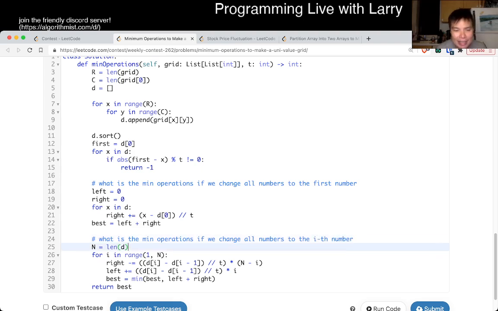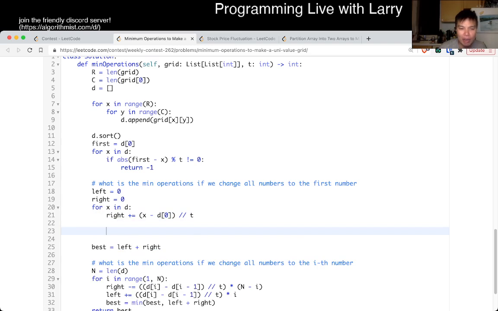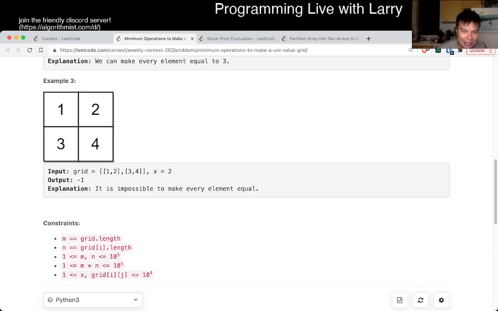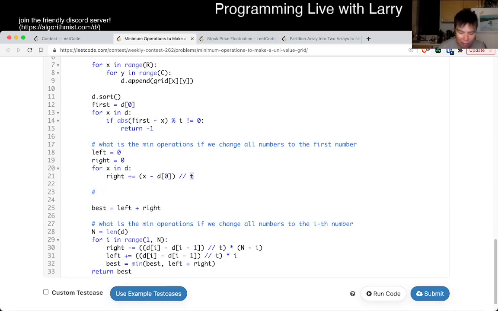Basically, the idea is that if you write out this formula, and I'm just going to write an abbreviated version, I'm going to assume that t is 1 to make the math a little bit easier.